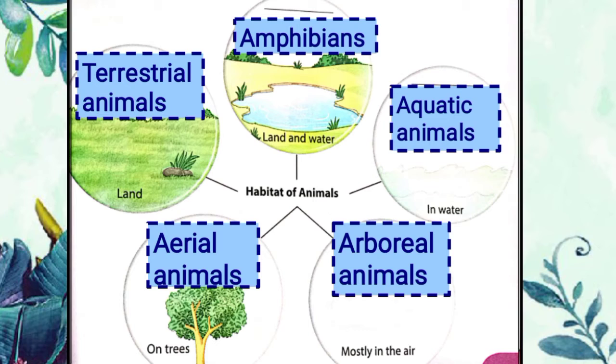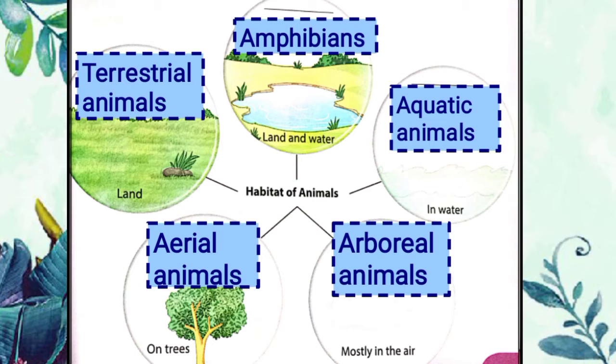Animals live in places where they get the right food. A fish can only live in water. Animals with a thick furry coat live in very cold places. So the place where an animal can live is called its habitat.